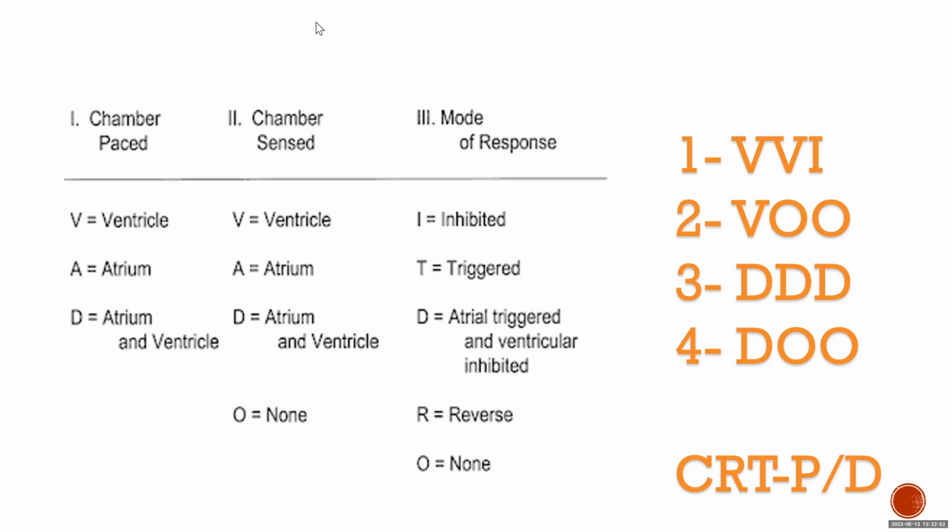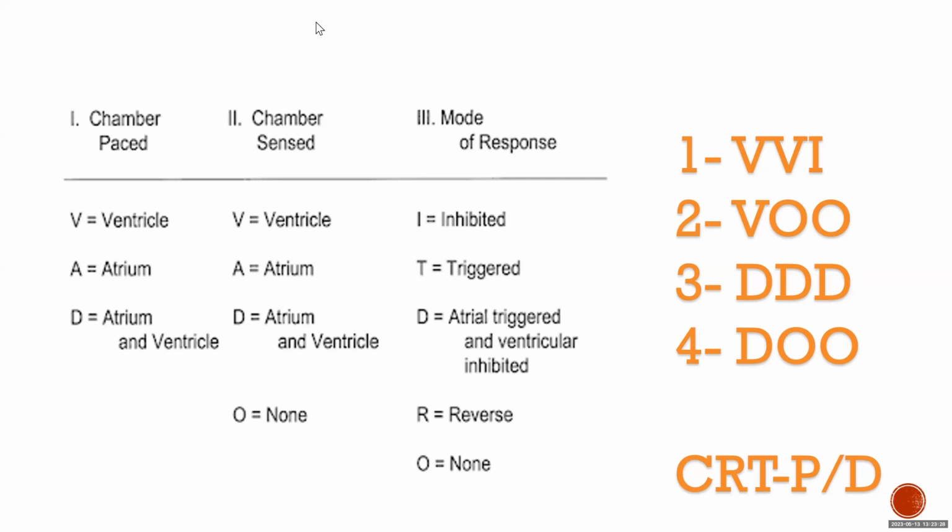CRT, there are two. What's CRT? Resynchronization therapy, yeah. And what does that mean? How many leads are there? Three. So we have one in the atrium, one in the RV, one in the LV. The goal in patients with left bundle branch block is to pace the left ventricle and right ventricle at the same time.